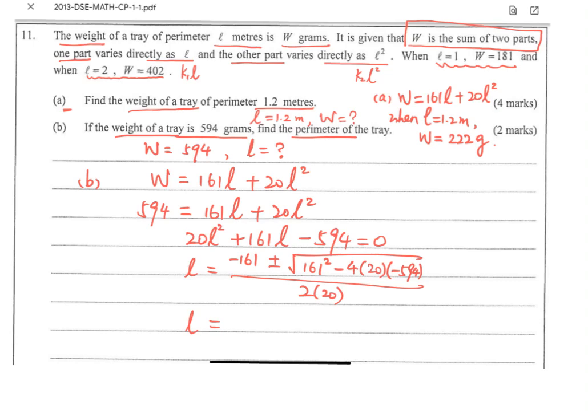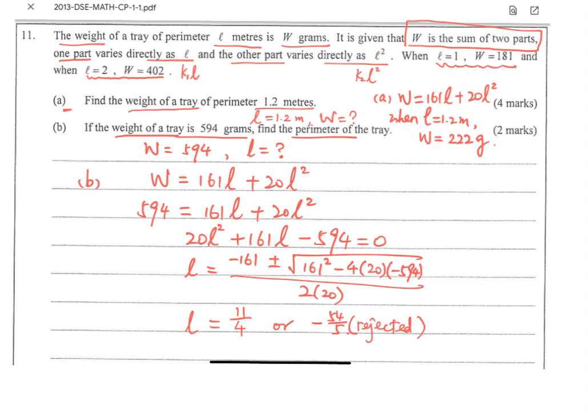The first root should be 11/4, and the second root is negative 54/5. Okay, because L represents the perimeter, for the negative answer, we need to reject it.